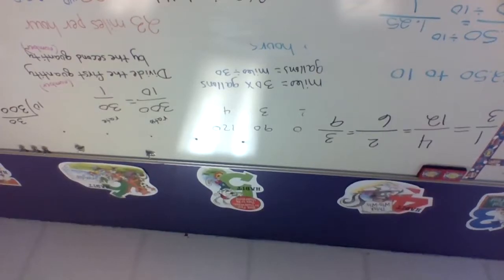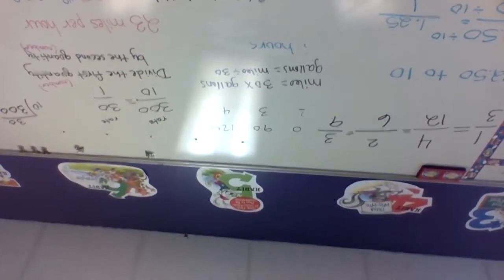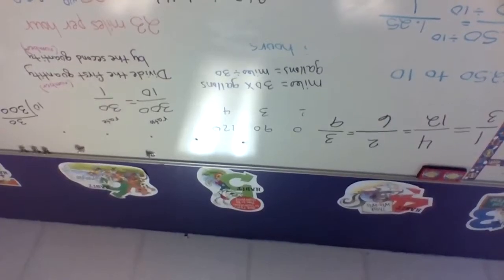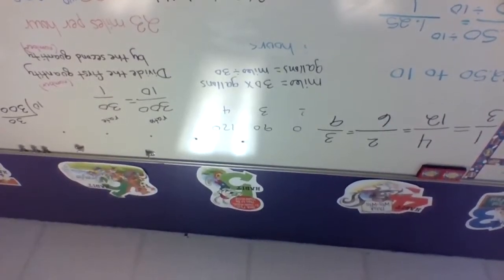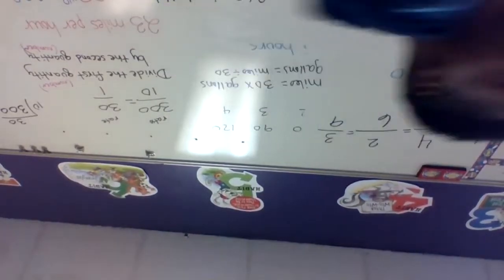There's 12. Come on, what's in the middle? Middle, 6. 6 what? What is 6 what?